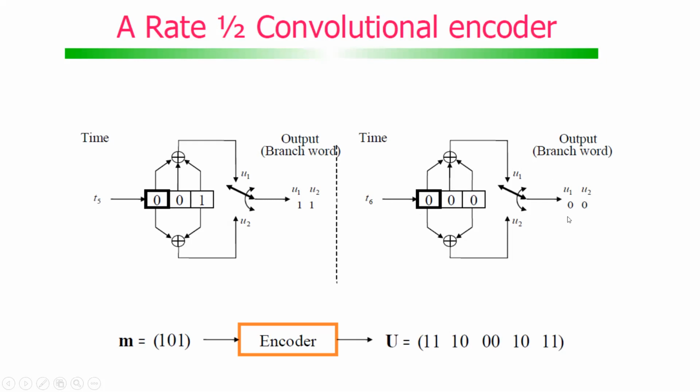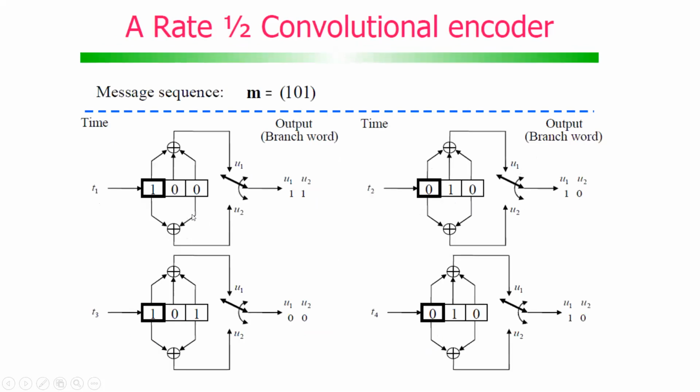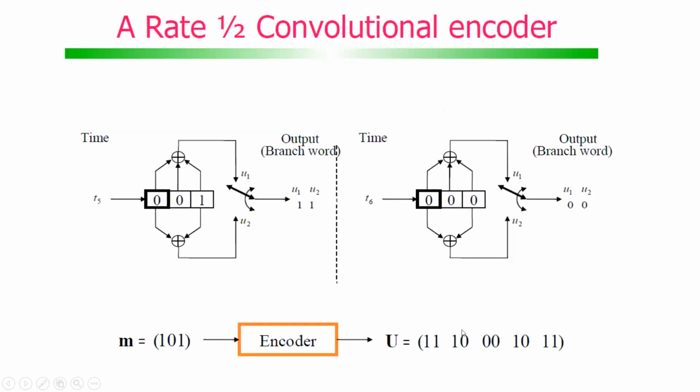What is the branch word? 00. So for a message vector of 101, look at the branch words this encoder has produced: 11, 10, 00, 10, 11.